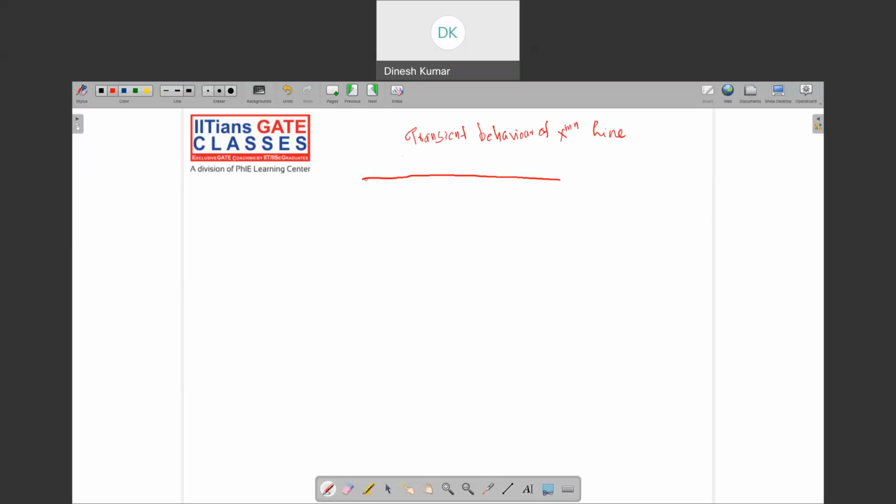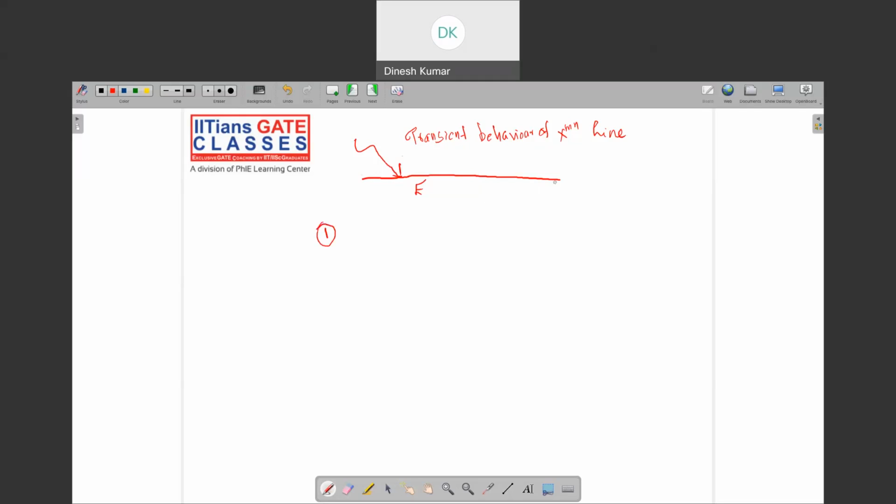Assume that some surge comes here and travels in this direction. This surge, you can say some E, is traveling in this direction. Each and every transmission line will have something given at the other end of the transmission line.